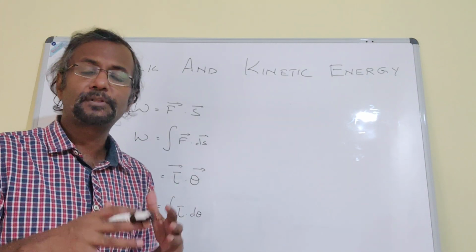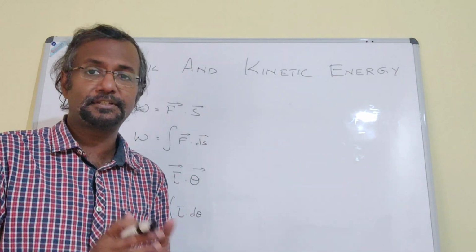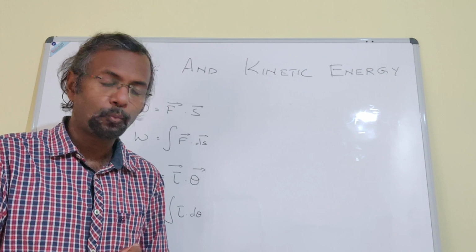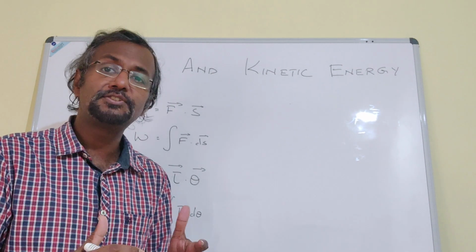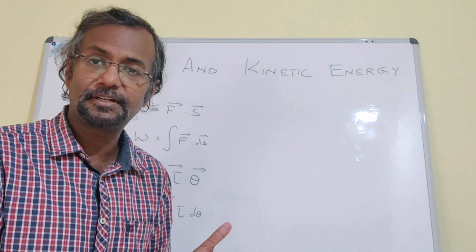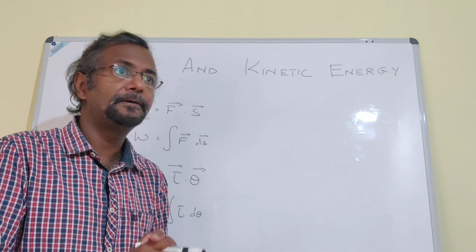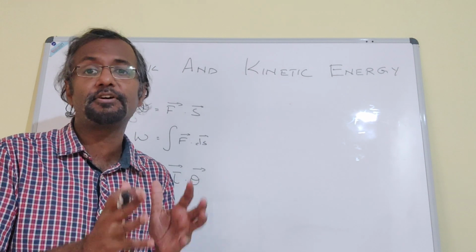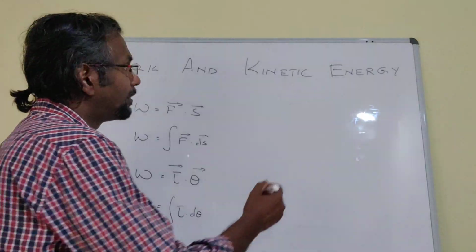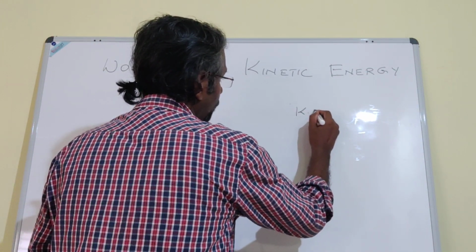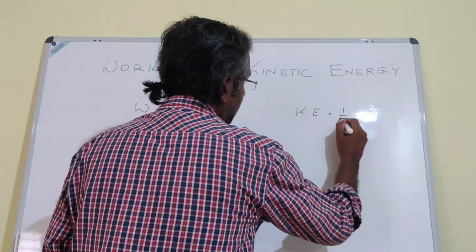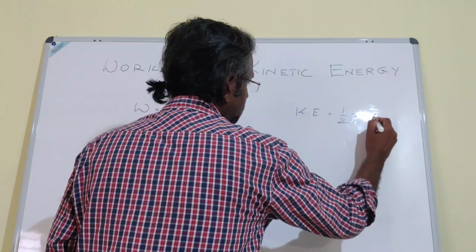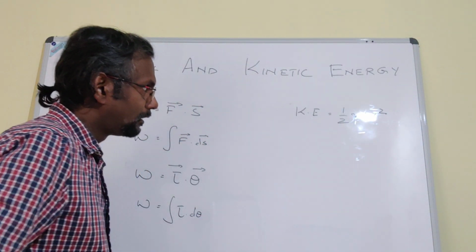Now, let's go back to translational motion. We know that when you do work, you change the kinetic energy of a body, right? And kinetic energy was the energy of a body by virtue of its state of motion, and it was given by half m v squared, right?